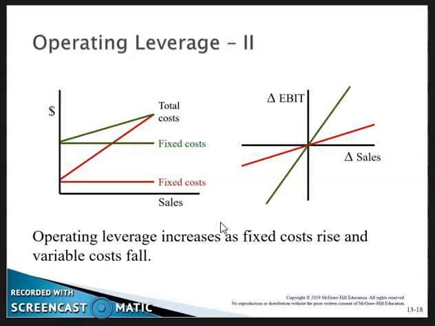The variable costs are lessened, but we end up with the steeper green line over here. This represents a higher beta, a higher slope. The red line is a lower slope. We're going to start the next lecture with financial leverage and beta.